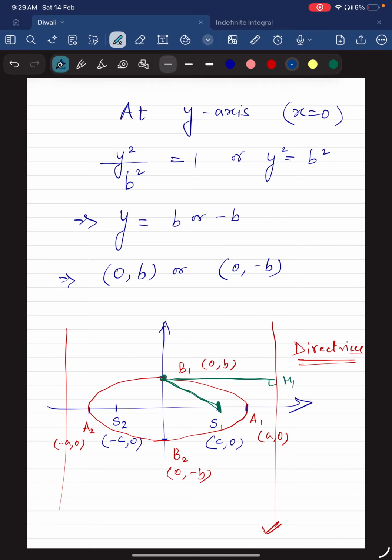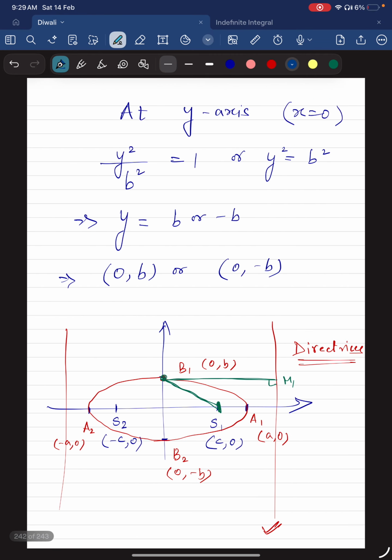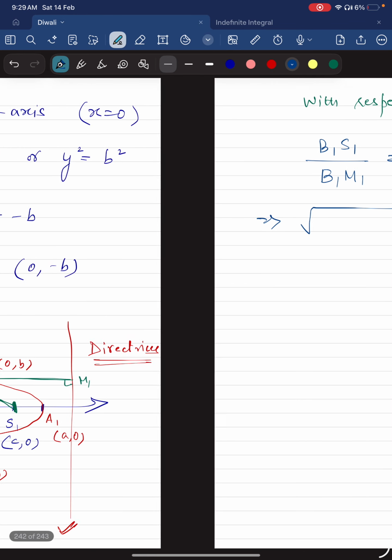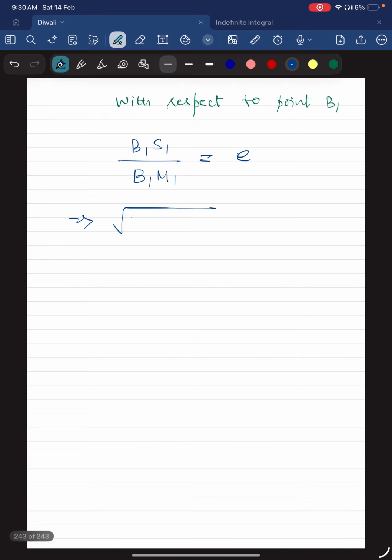Eccentricity. This would be E. So if I see, B1 S1 would be what? Under root of C square plus B square upon B1 M1.